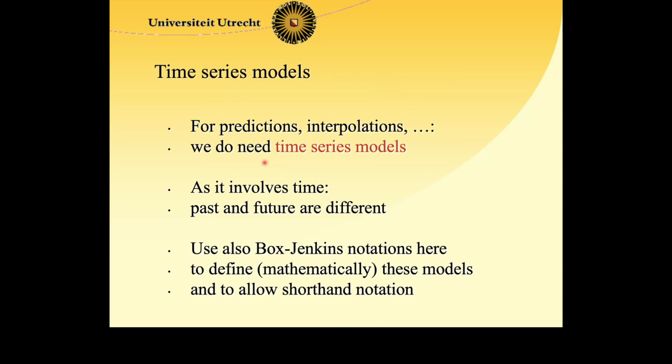Now, if we do predictions, so forecasting ahead in time, or interpolations, where we do the data infilling, we have to have a model that describes the underlying statistical structure of the observed time series. And because it involves time, such a model should distinguish between past and future. They are different.